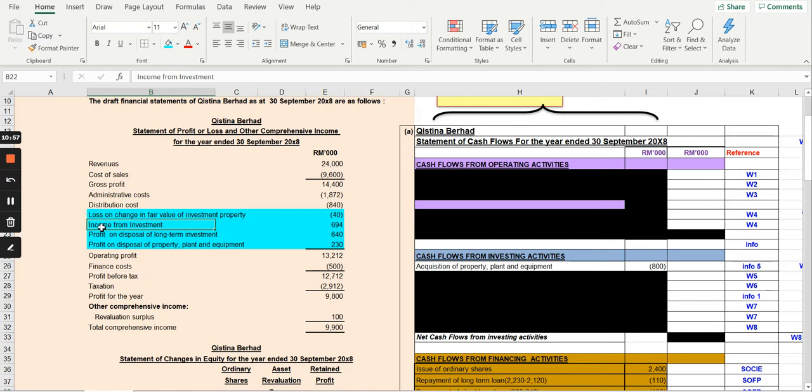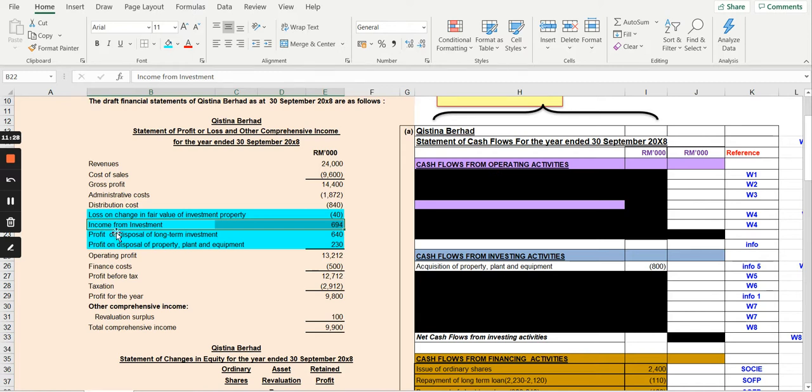non-cash and non-operating items. For example, loss is a non-cash item. Income from investment is a non-operating item. Yeah, and therefore, these are all things that need to be excluded from the statement of cash flow, where you prepare that and you put them normally under your indirect method, where you prepare your operating activities.